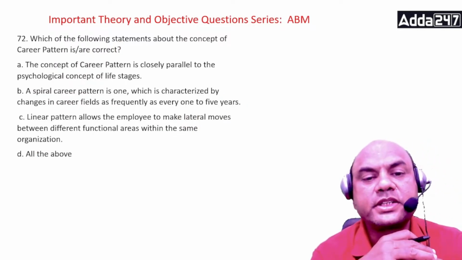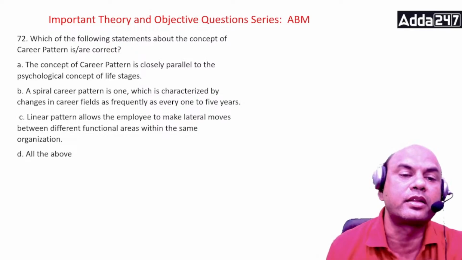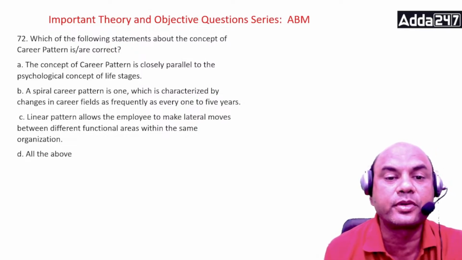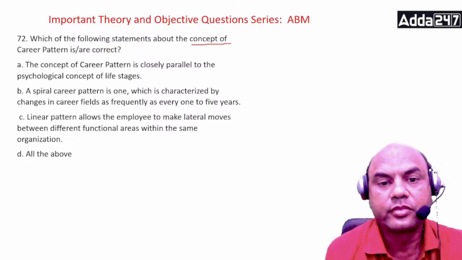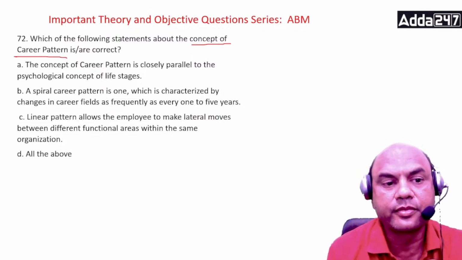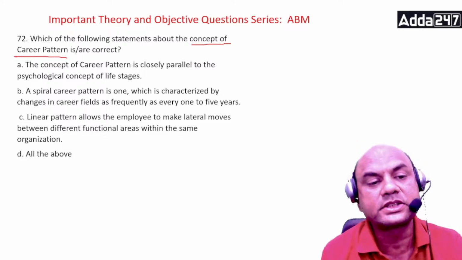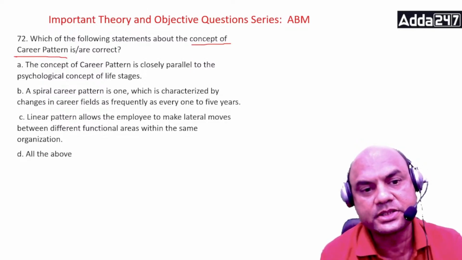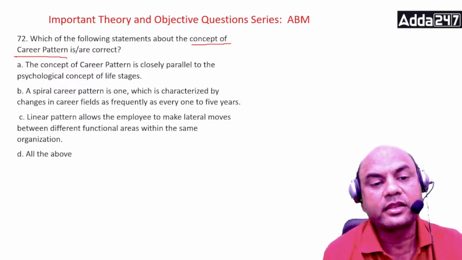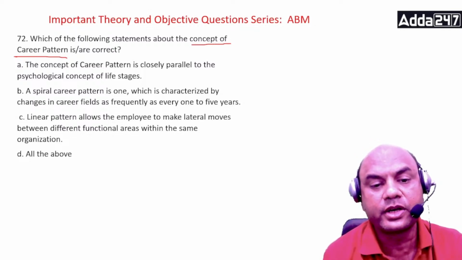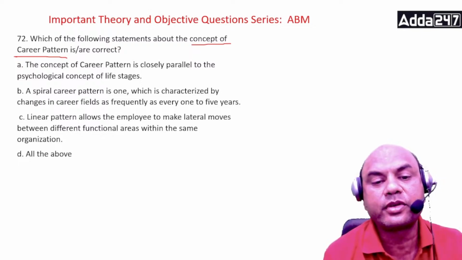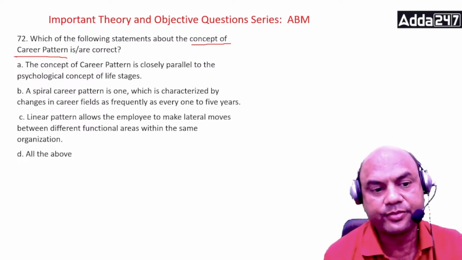Which of the following statements about the concept of career pattern are correct? So concept of career pattern. Which of them is correct? The concept of career pattern is closely parallel to the psychological concept of life stages. A spiral career pattern is the one which is characterized by changes in the career fields as frequently as every 1 to 5 years.